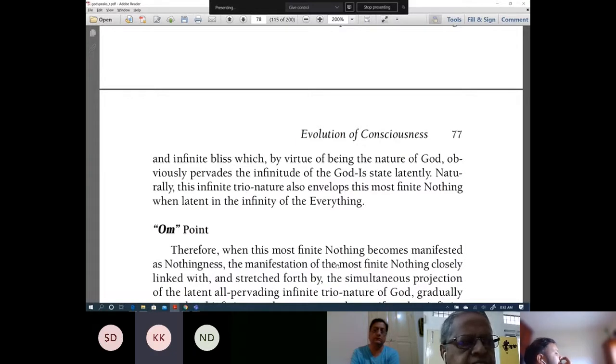So this is supposed to be the most original state of God, and everything that happens, all this creation, the whim, the infinite consciousness, the infinite unconsciousness, evolution, all this is illusion. So this is basically the nothing which is latent in this everything.